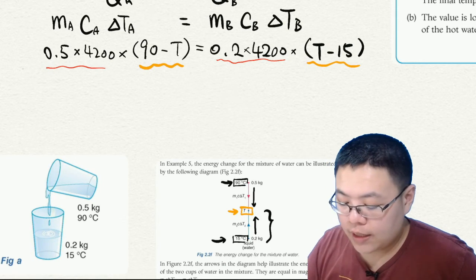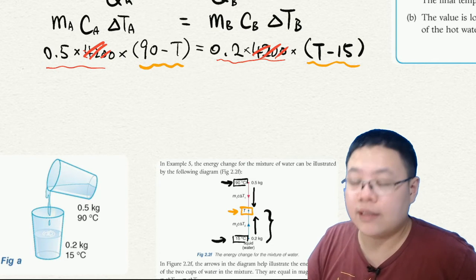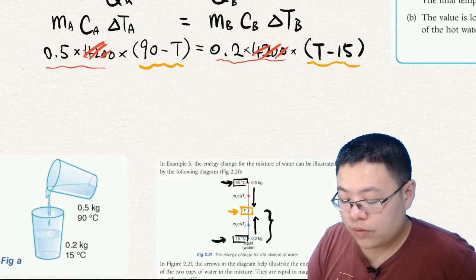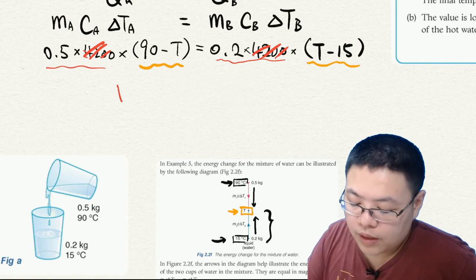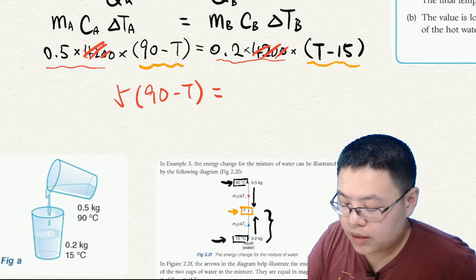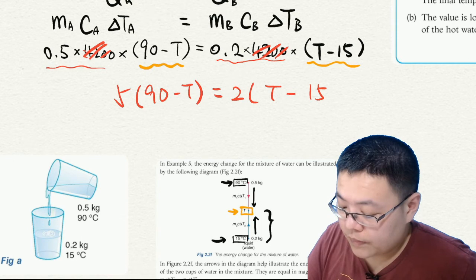For example, 4200 can be cancelled out directly, and then this is 5, this is 2, so you have 5 times (90 minus T) equals 2 times (T minus 15).